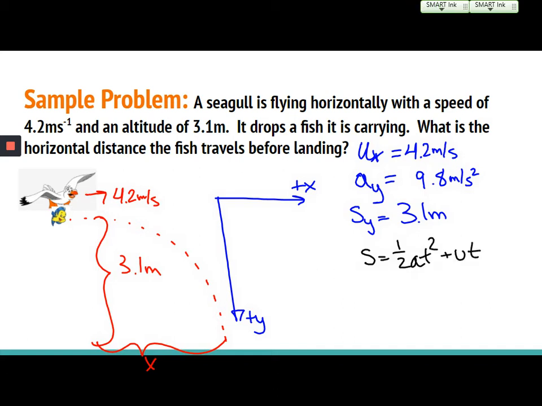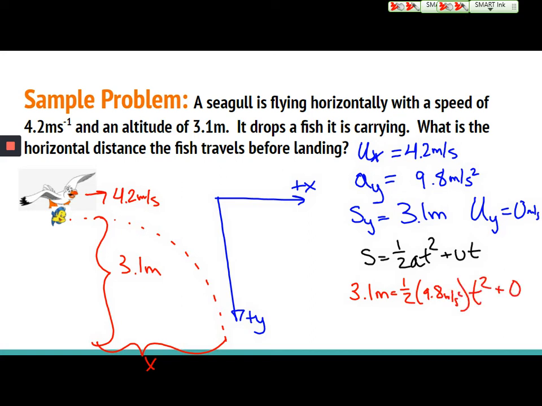Since we know there was no initial velocity downwards, to figure out t, we're going to go ahead and do t. So 3.1 meters equals 1/2 times 9.8 meters per second squared times t squared plus 0. And so we solve for t.